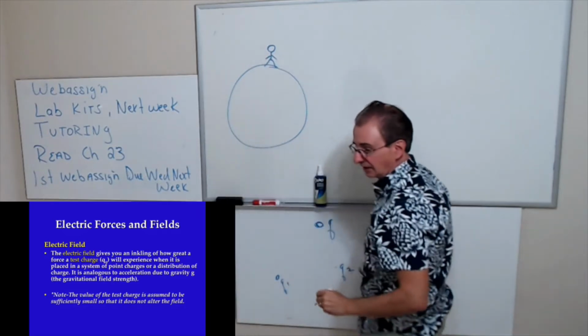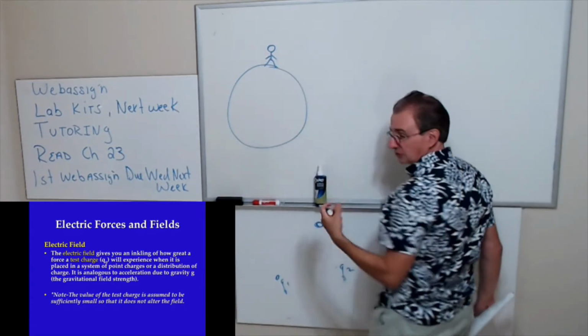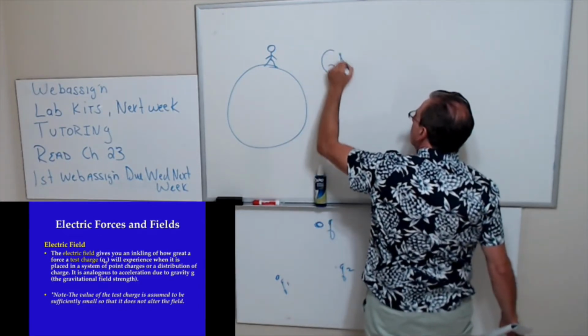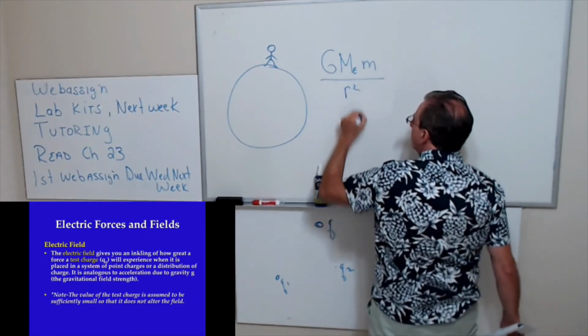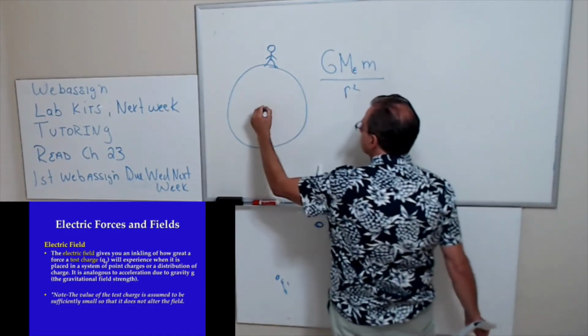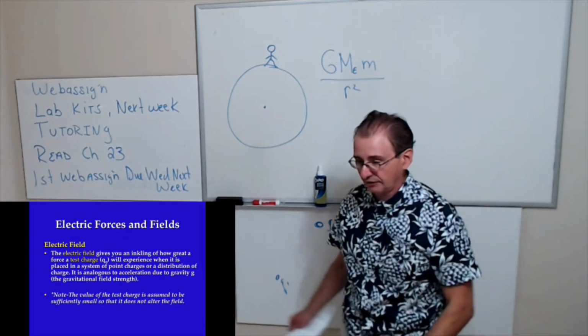Picture it's like a scale, okay? So, you know that the force between you and the Earth, which is called your weight, is going to be G, the mass of the Earth, your mass over R squared. That's basically your weight. And the R is the distance from here to your center of mass, which basically is the radius of the Earth, okay?